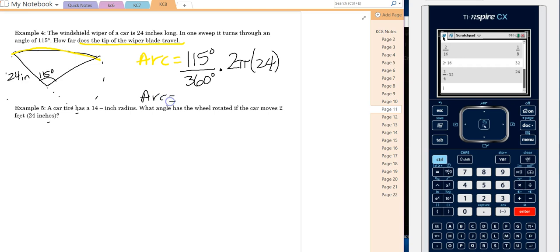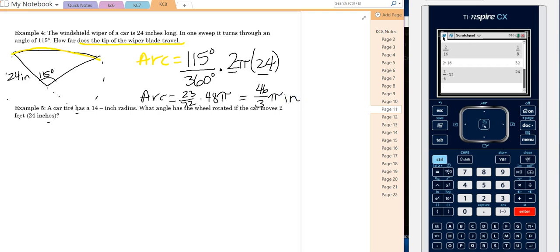Going ahead and simplifying this as fast as I can, 115 divided by 360 is 23 over 72. 23 over 72. 2 times 24 is going to be 48 pi. We then have this simplifying to be 46 over 3 pi. This was in inches.